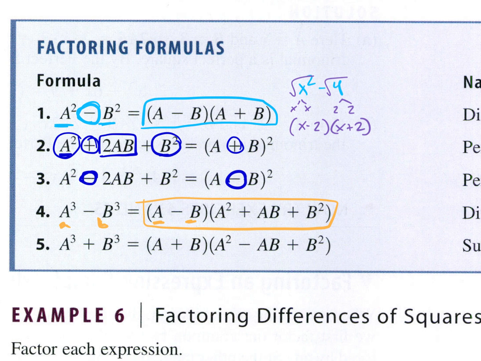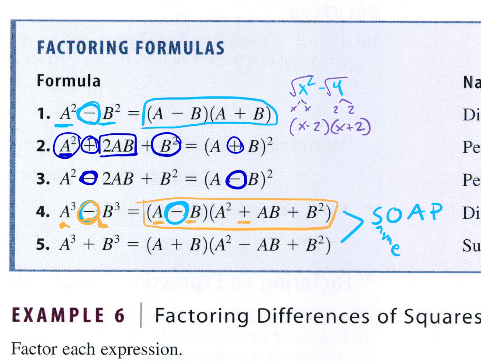So one way to remember the signs for perfect cubes would be the acronym SOAP. So the first sign is always going to be the same as the sign that you started with. So same. The second sign is going to be the opposite.